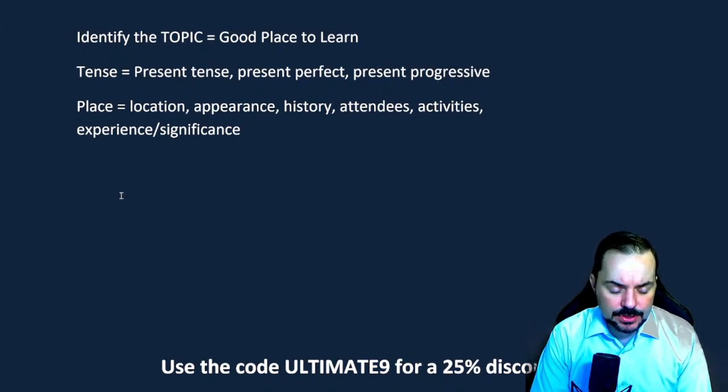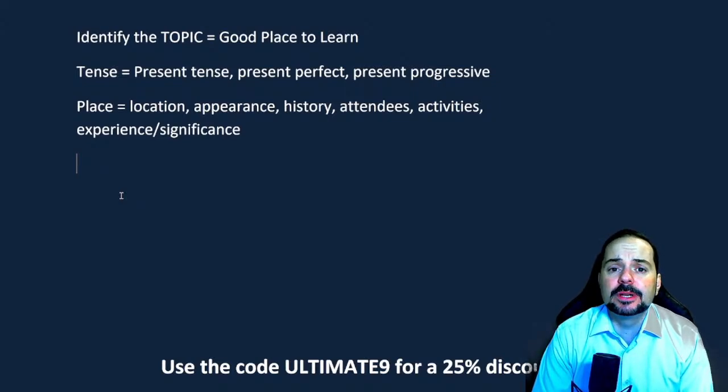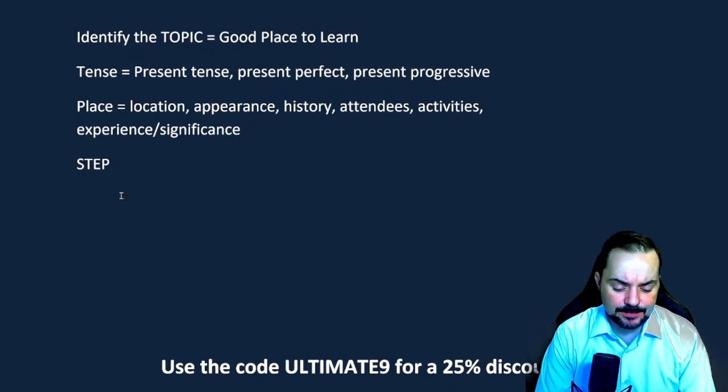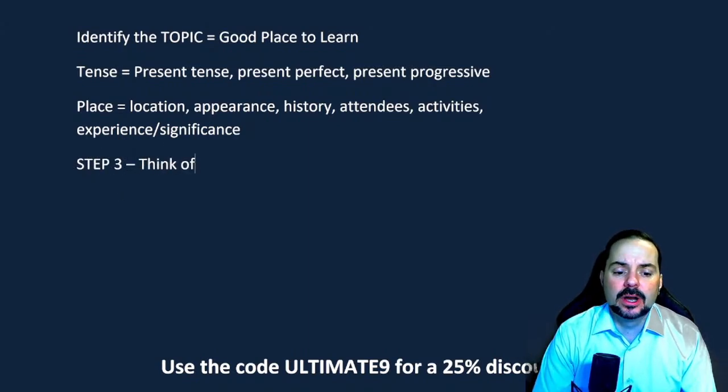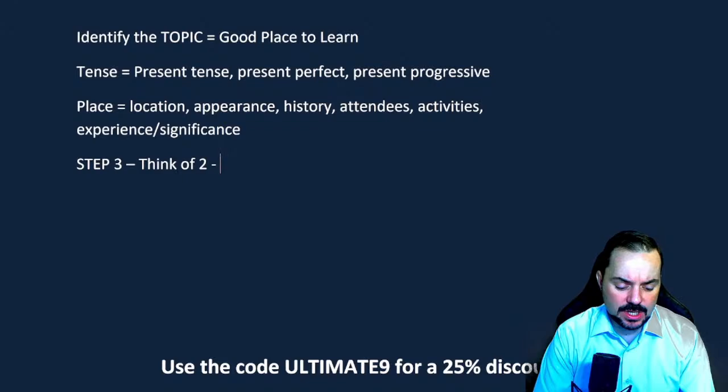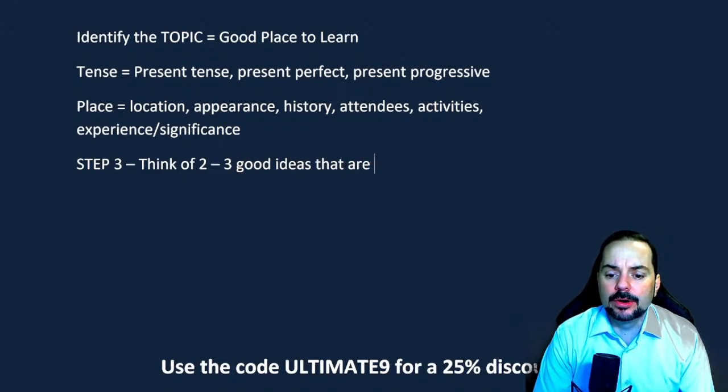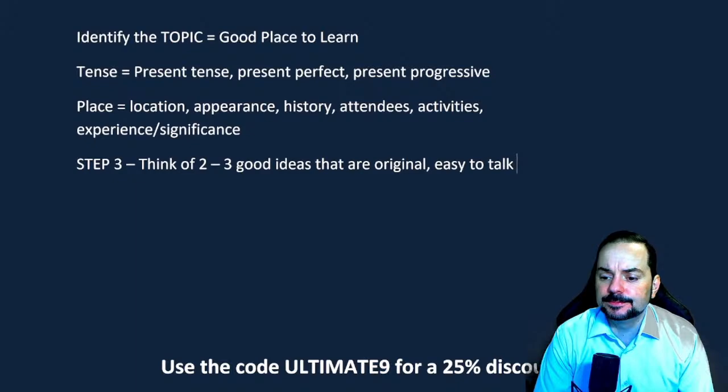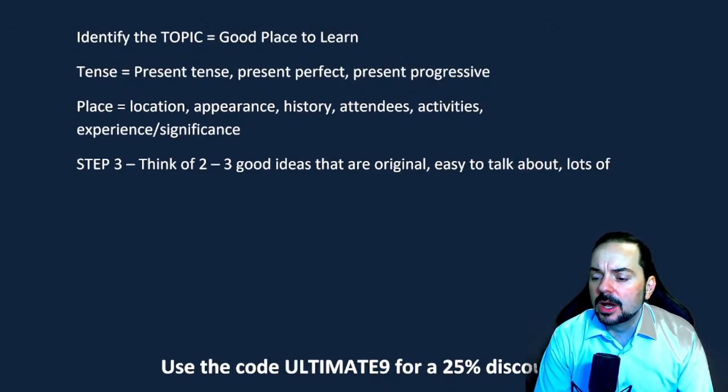Okay, so let's do a bit of this. Let's think of some ideas. This is step number 3: think of 2 to 3 good ideas that are original, easy to talk about, and lots of information.